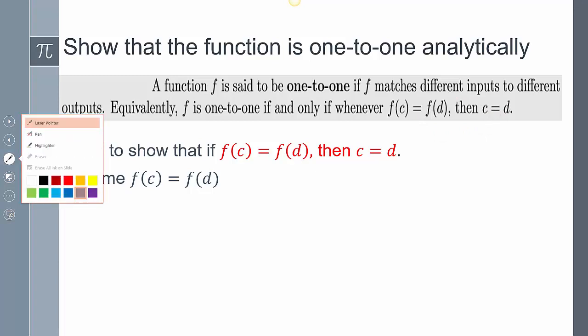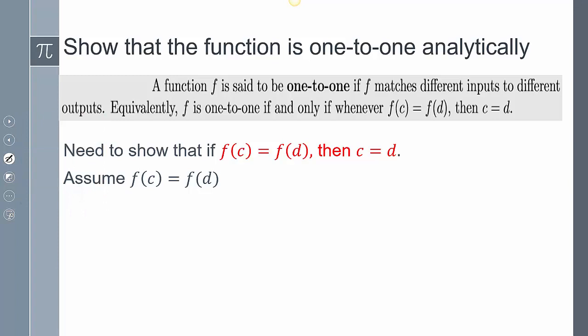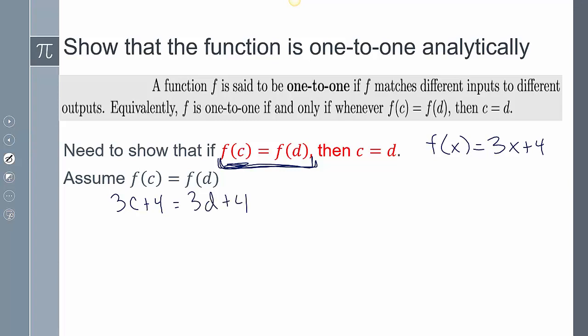So let's hypothetically say my function is 3x plus 4. I assume f of c equals f of d. My f function with c plugged in, I get 3c plus 4, equals my f function with d plugged in, 3d plus 4.